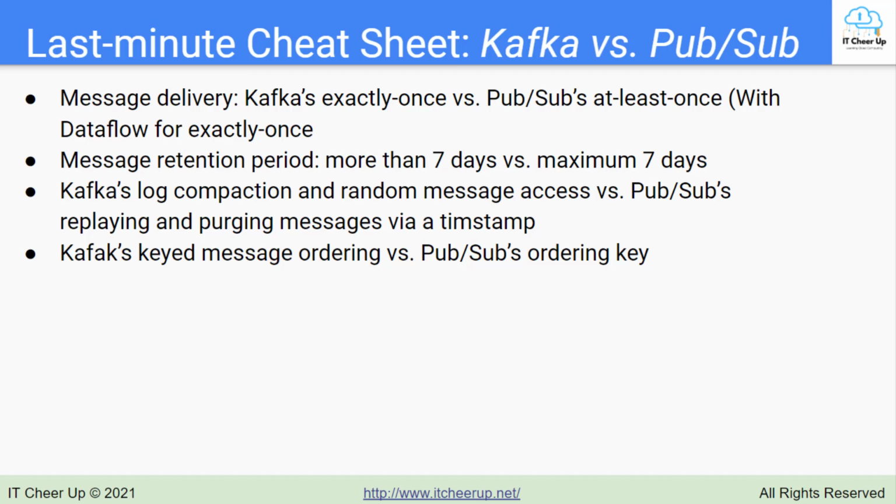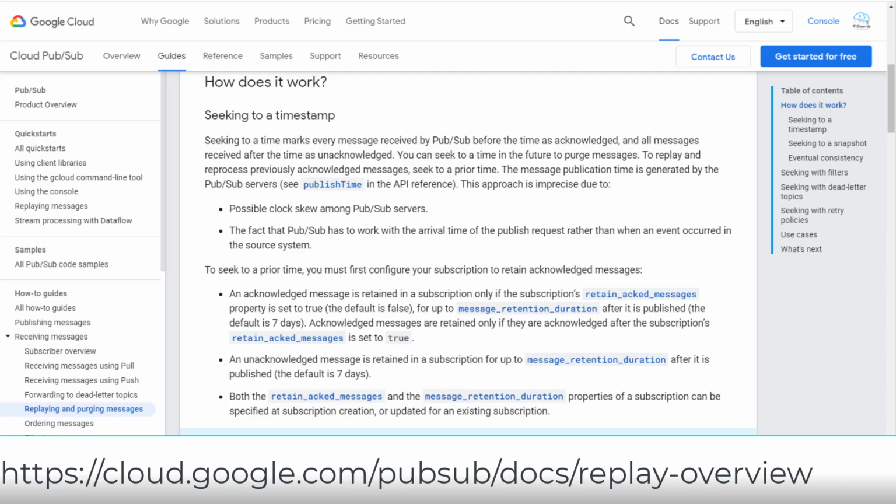There's no equivalent feature in PubSub, and the compaction requires explicit reprocessing of messages or incremental aggregation of state. However, PubSub does provide replay and purge messages. You can consider using seek functionality for random message access. Seeking to a timestamp will discard the acknowledged messages manually after a retention period.